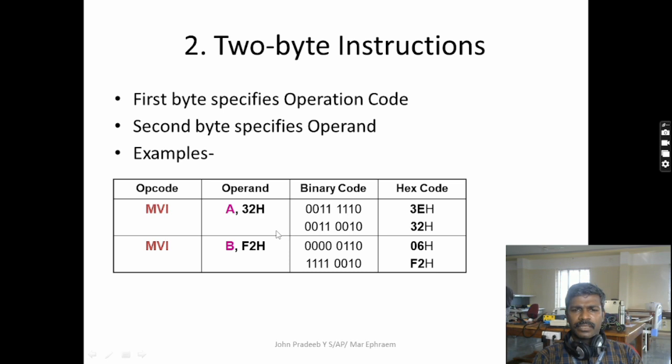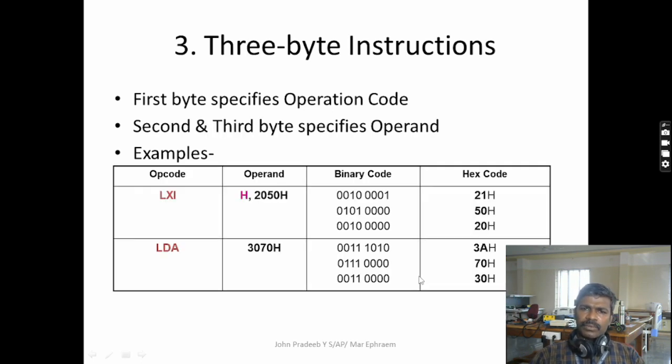It has a binary pattern of 16 bits, so it is named a 2 byte instruction. In a similar way, the second one also, MVI B, F2. It is also a 2 byte instruction. It has a 16 bit binary number, so it is represented in hexadecimal as 06H and F2H.